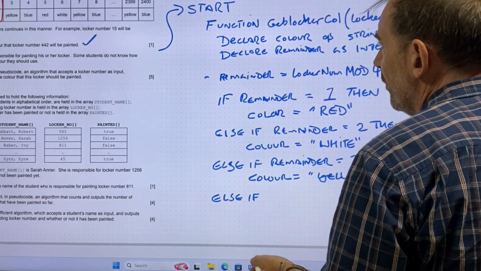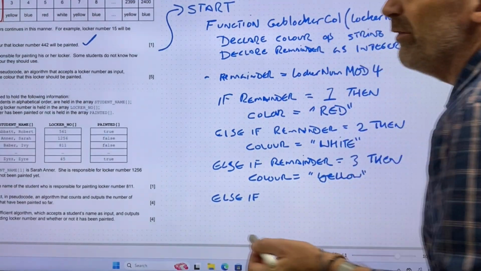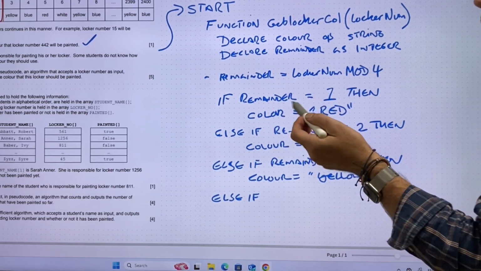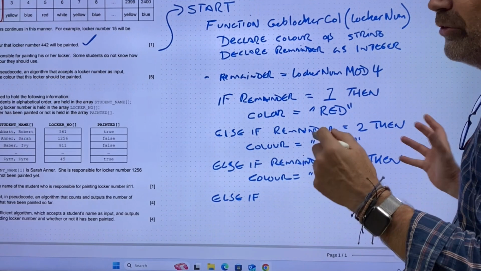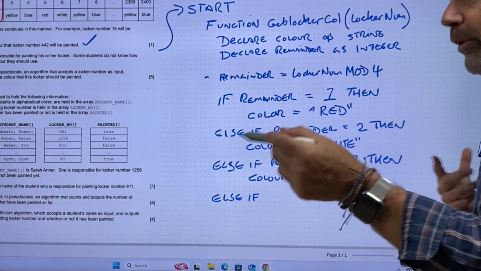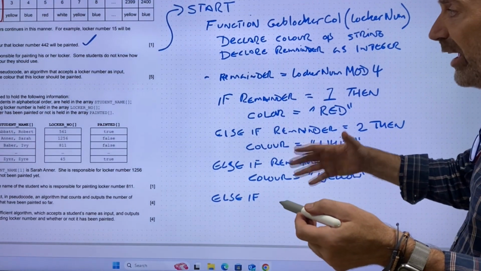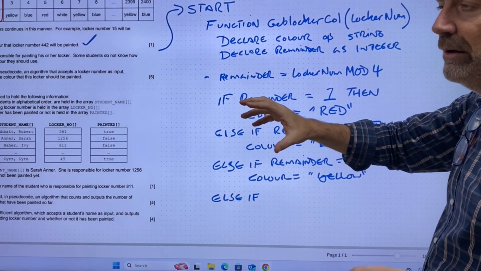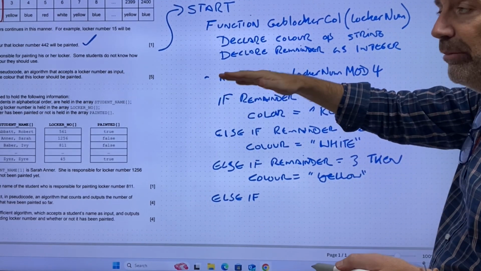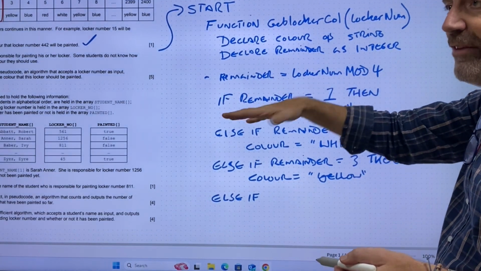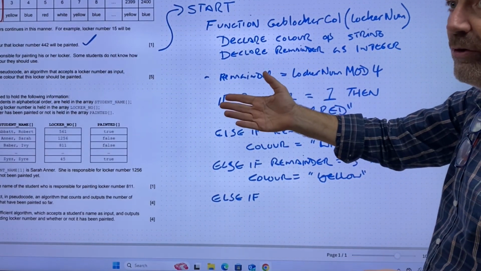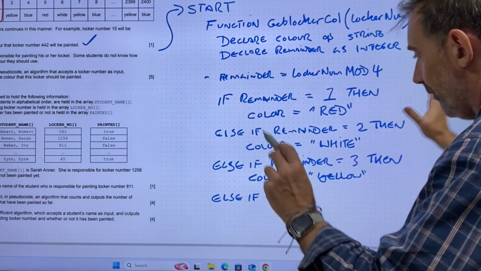You could put else colour equals blue, but then if somebody was to put a number in greater than 2,400, or something less than 0, I'm not going to factor that in at this point, but use else as a checker, and if the number is less than 0 or higher than 2,400, put a message saying, please enter a number that is between 1 and 2,400. But I'm going to leave that off.